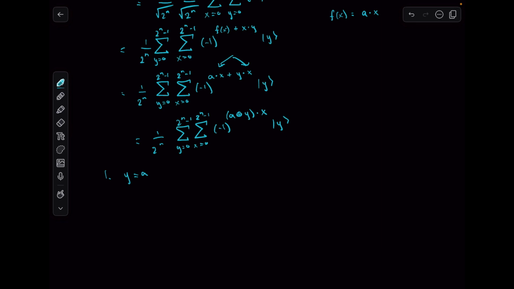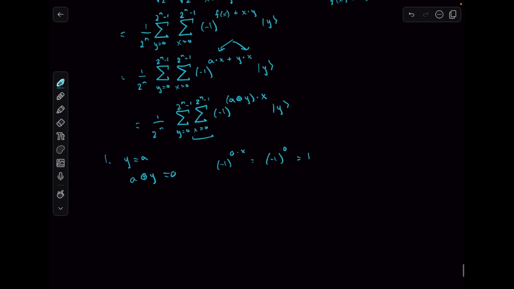And in that case, we have that a XOR y, which is just a XORed with itself, is going to be 0. So as this sum cycles to every value of x, we just have -1 to the power of 0 dot x, which is just -1 to the power of 0, which is just 1. So we don't get any flipping of the phase factors.